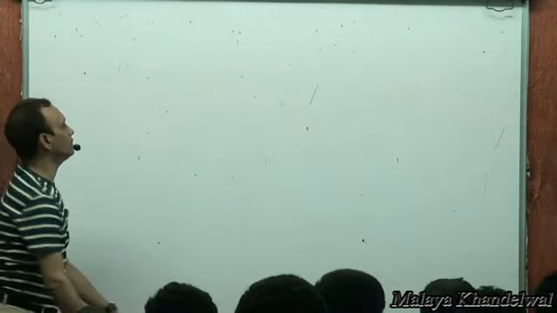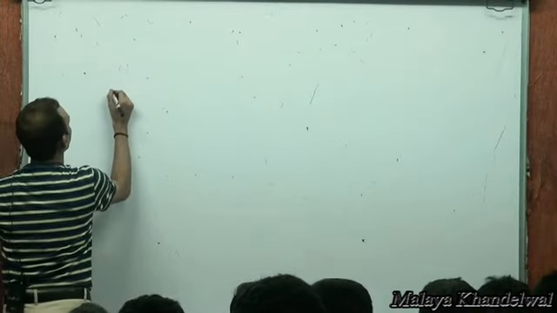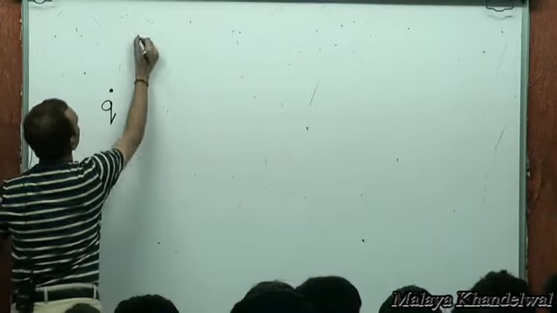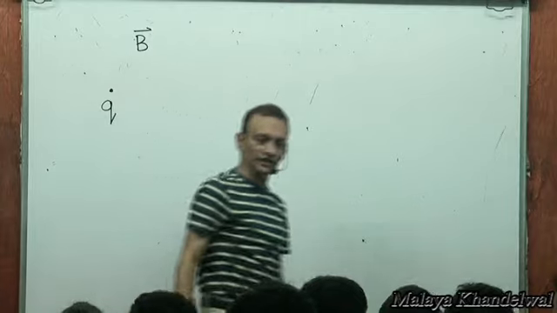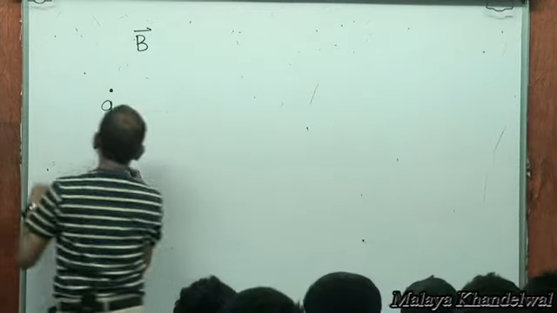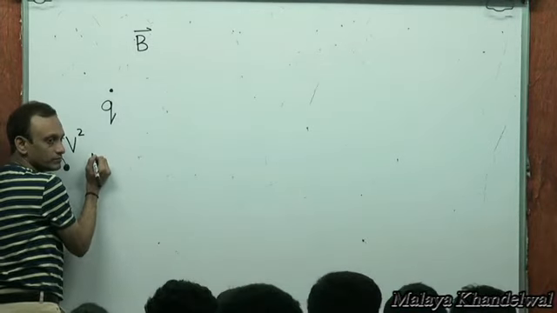Now, see, if a charge Q is exposed to a magnetic field alone, at the mercy of a magnetic field alone, then its speed v will not change with time.